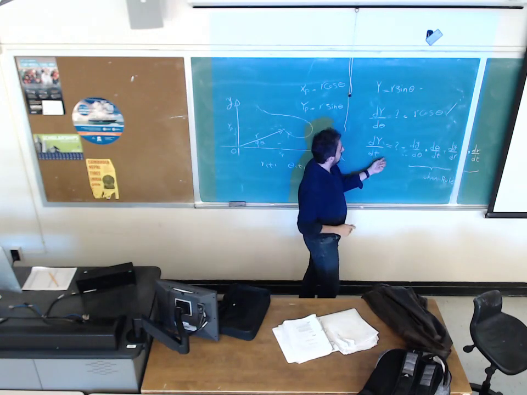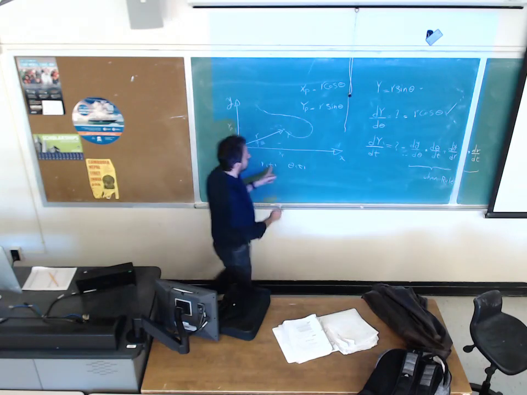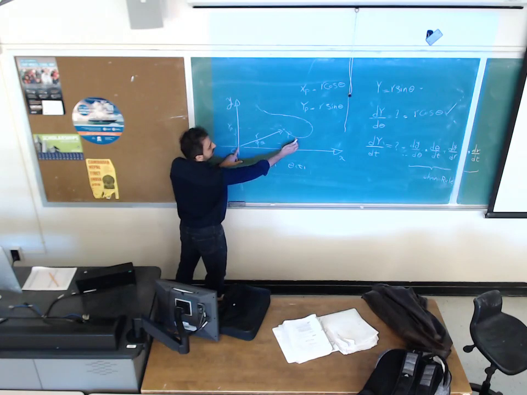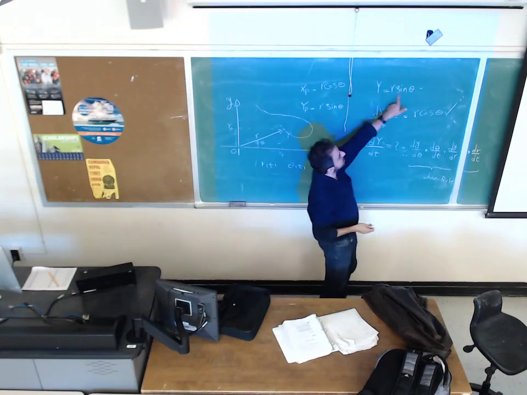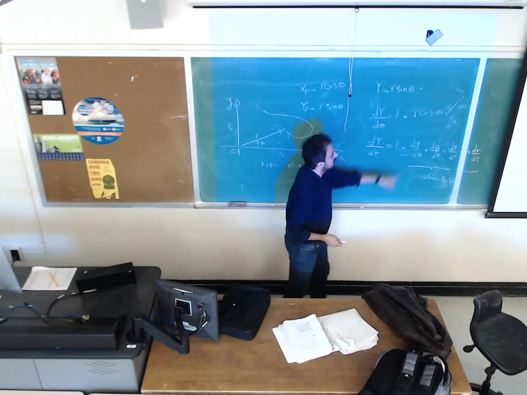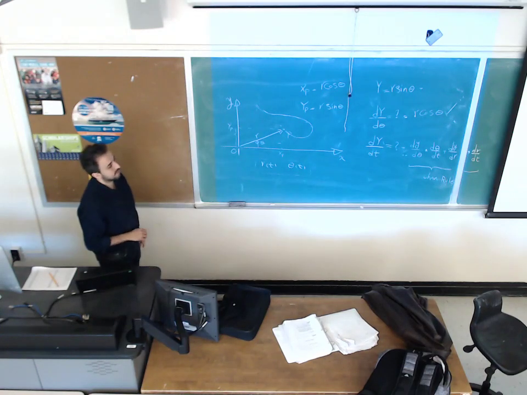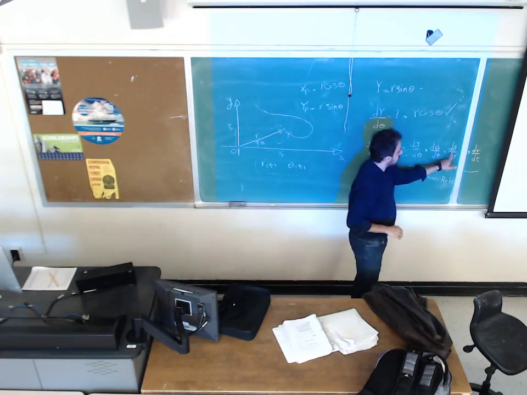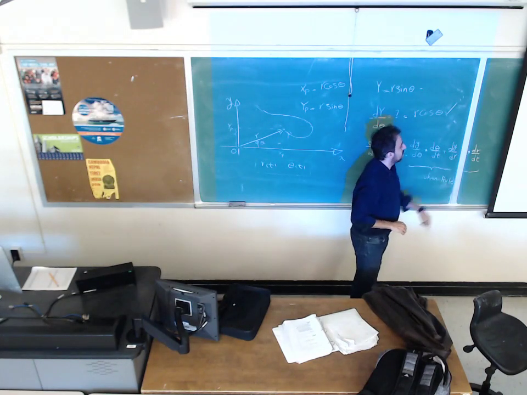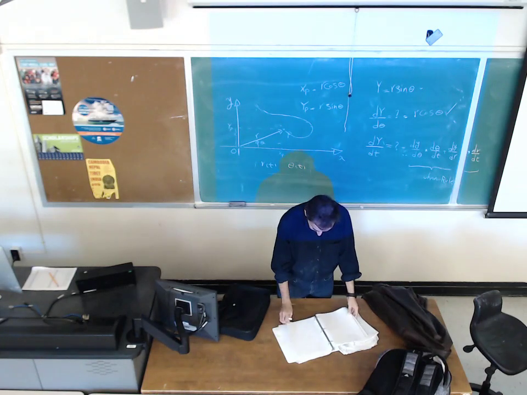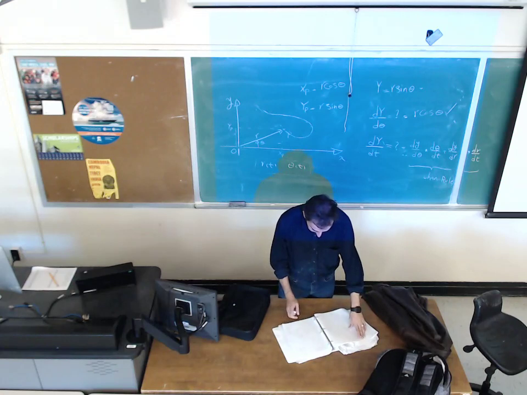R and theta are varying when time is changing. As you see, the r distance is changing when it's moving. Also, the angle theta is changing. But you don't see t directly here, so you are going to use the chain rule: dy over d theta times d theta over dt plus dy over dr times dr over dt. Any question about this?